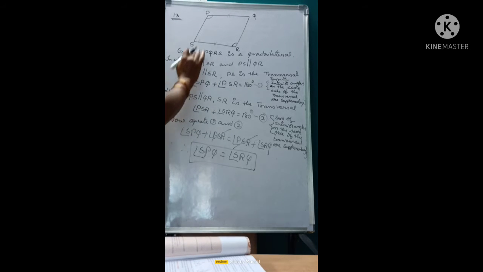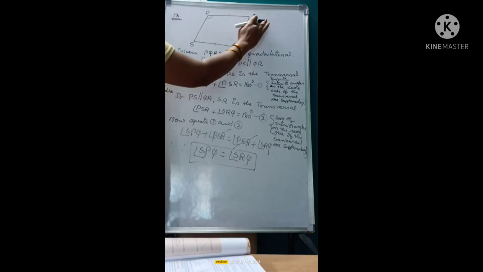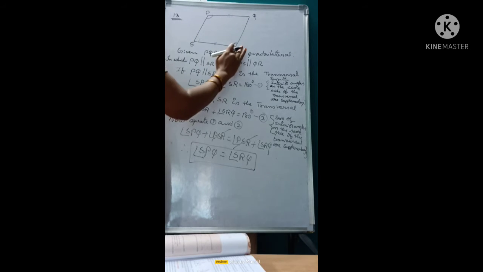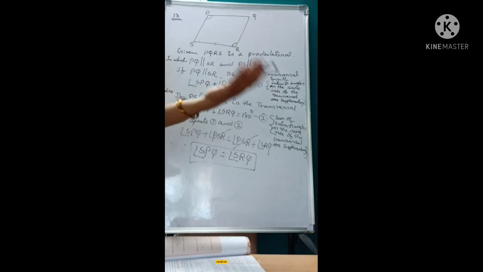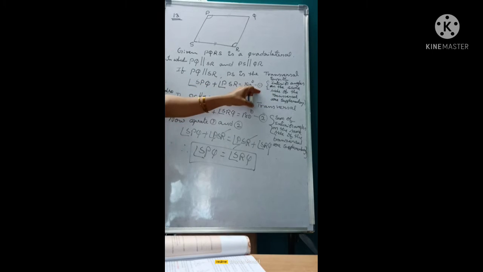Angle SPQ plus angle PSR equals 180 degrees. Why? Because these two lines are parallel and this is the transversal. For parallel lines cut by a transversal, the sum of interior angles on the same side of the transversal is supplementary. So this is true. Call it equation 1.